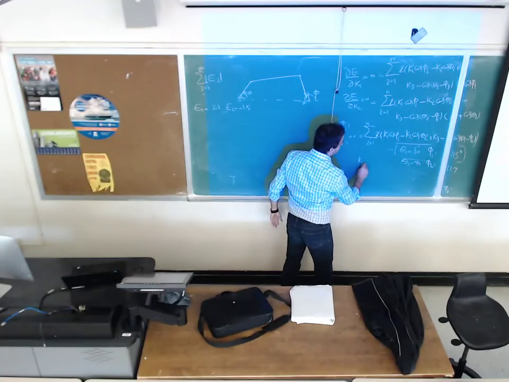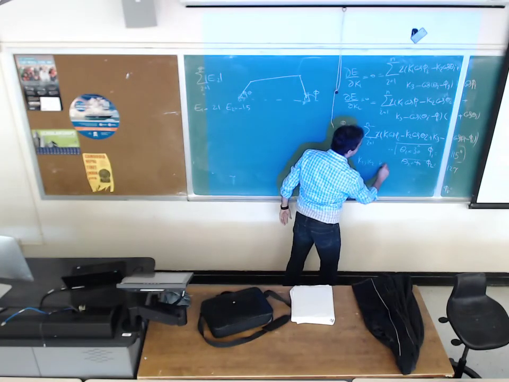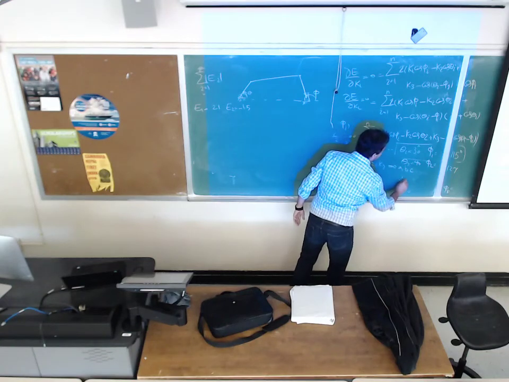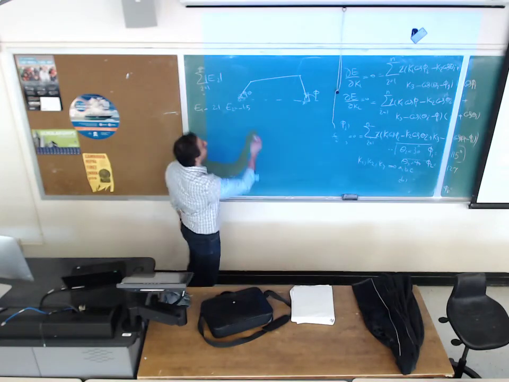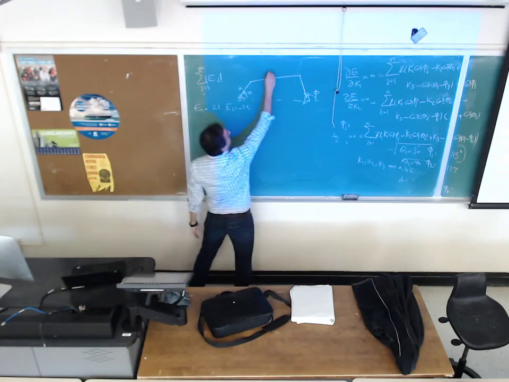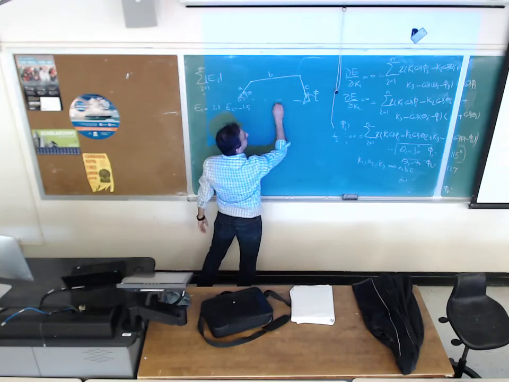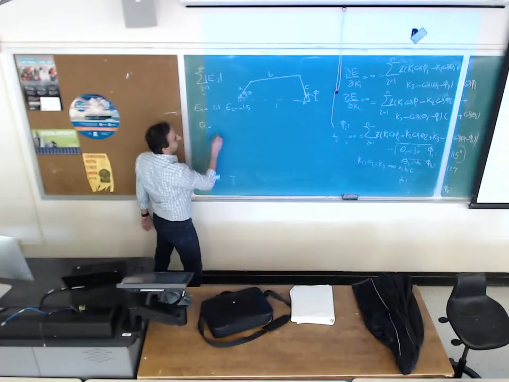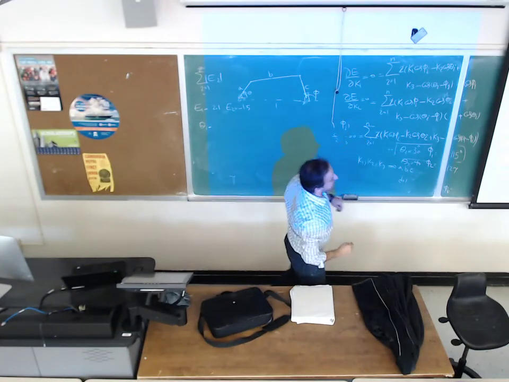By K1, K2, K3, you can find A, B, and C, and D is 1. So now you have a mechanism, a 4-bar mechanism, with A given, B given, C given, and D also given, which is 1. Now, the input angle is theta 1 equals 15.